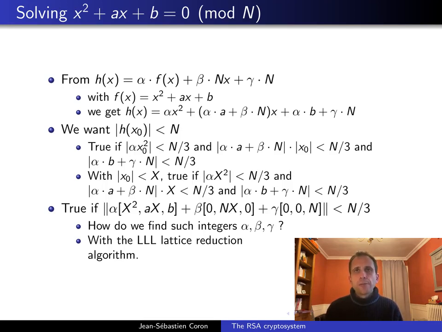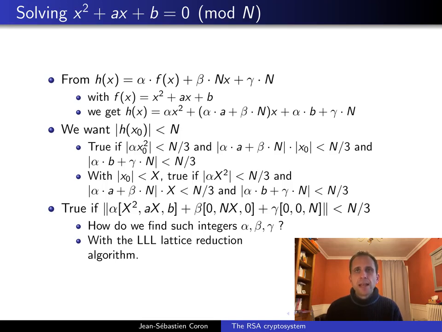So if we write these three vectors, the first vector is x squared, ax, and b, the second vector is 0, nx, 0, and the third vector is 0, 0, n, we see that alpha times x squared is the first component of this linear combination of the three vectors.